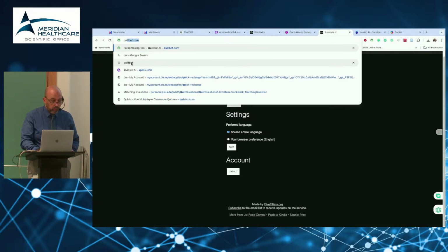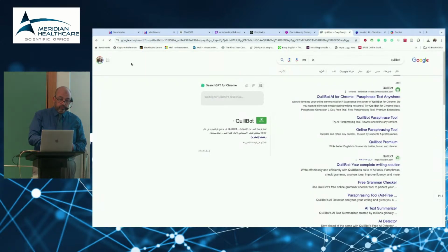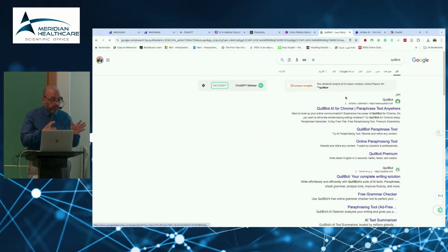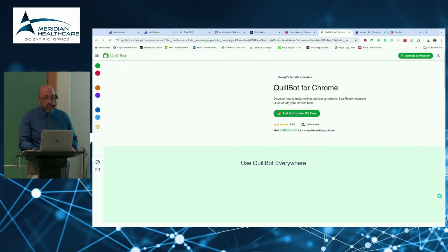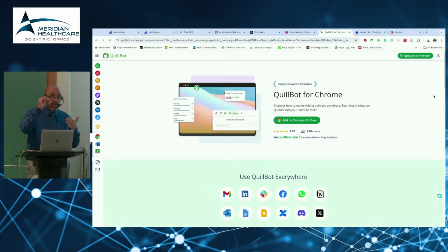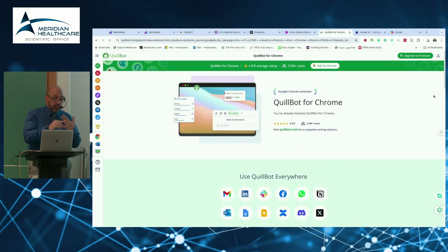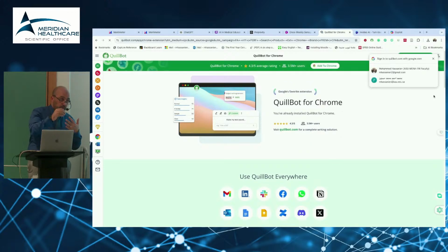This is QuillBot. QuillBot also has a free version, which can work for you, and it has an extension on Chrome, and also an extension on Word. So on Word you can find its icon and use it to summarize or paraphrase text in English or any language.